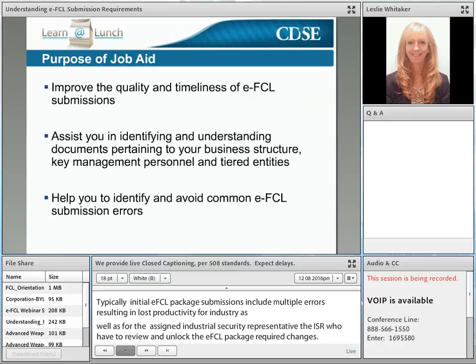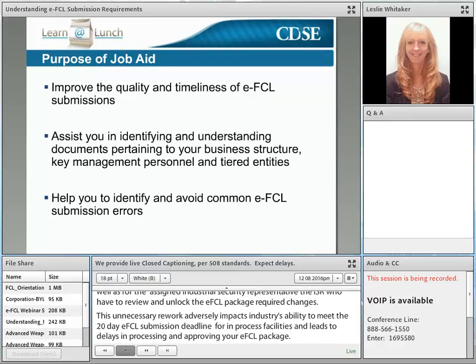This job aid provides guidance to assist you in understanding what you should be looking for within your business documents and how this information is used to identify KMP, required exclusion resolutions, and ownership. We'll discuss some common eFCL submission errors later in the webinar.